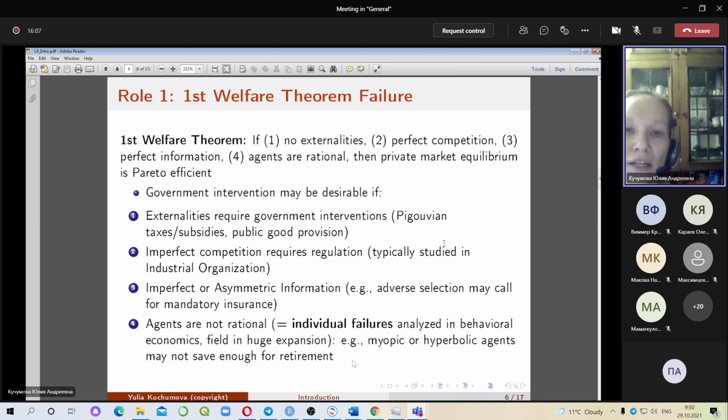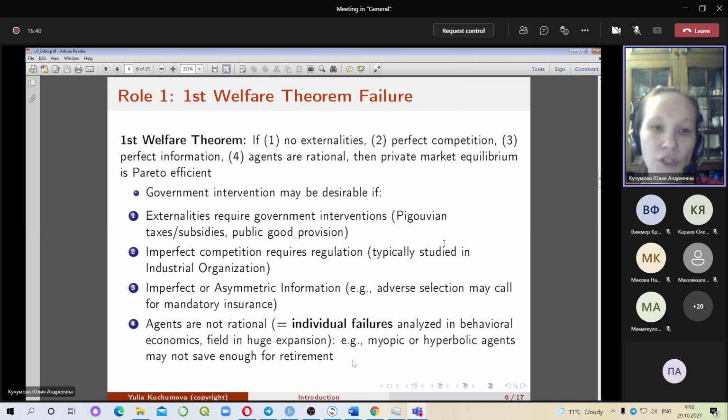It says that if there are no externalities, there is perfect competition, perfect information, and agents are rational, then the private market equilibrium is Pareto efficient. We usually remember from microeconomics that the market is good, the market is efficient. This is true, but it is true under some assumptions.